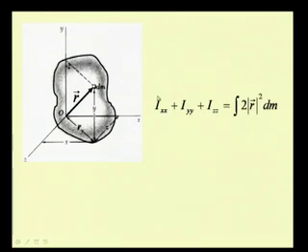Let us now sum these values. If we sum all these values, we will see that this I xx is nothing but integral y square plus z square dm.